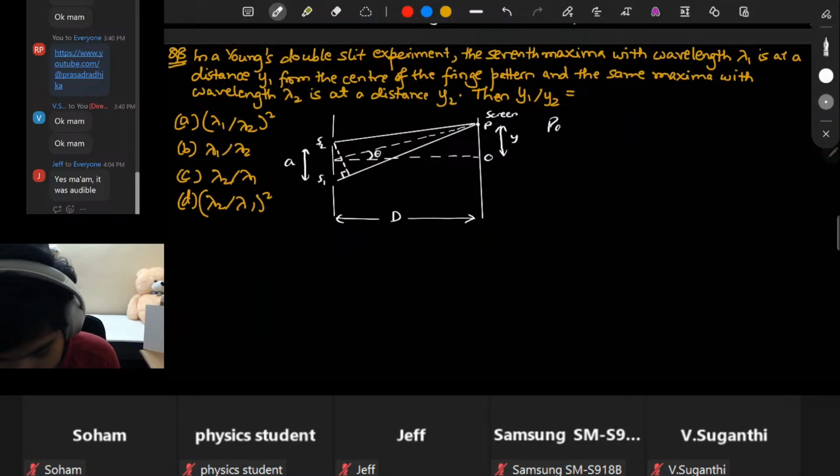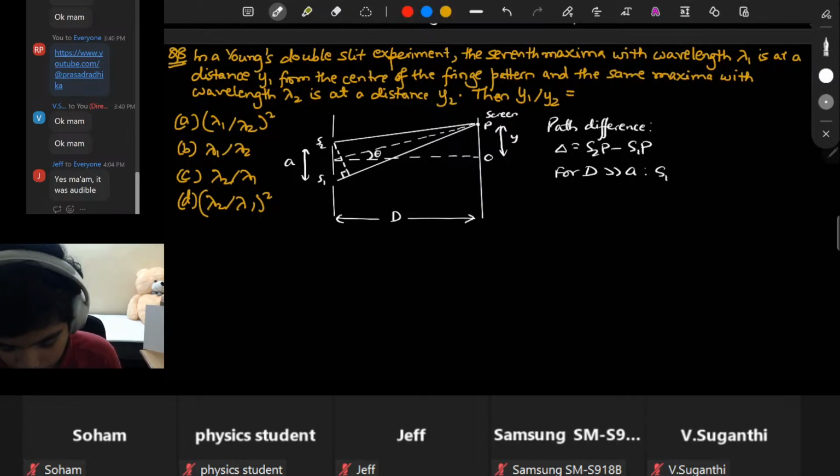So the path difference, delta, is S2P minus S1P, and for D much greater than A, we assume S1P is approximately parallel to S2P. So let me draw.